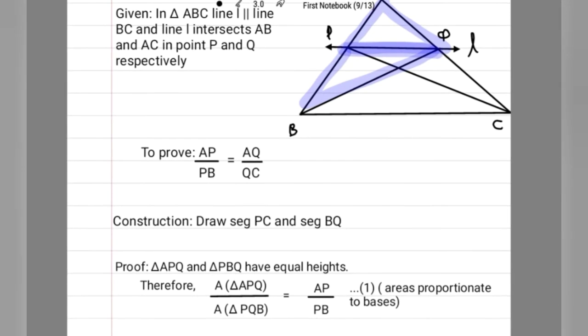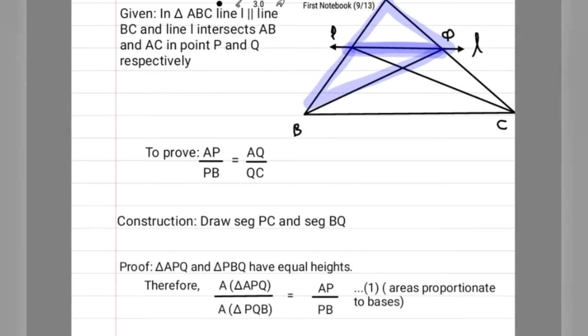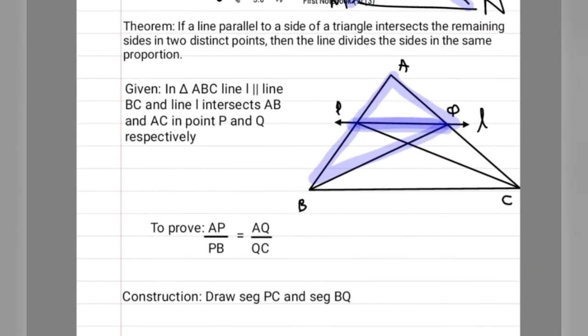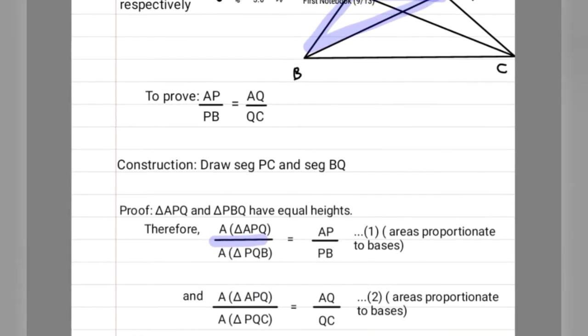Now according to the ratio of areas of two triangles, the ratio of the areas, area of triangle APQ upon area of triangle PQB, is equal to AP upon PB, that is equal to the corresponding bases.